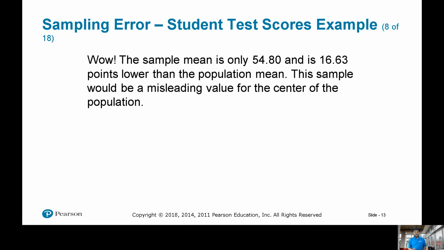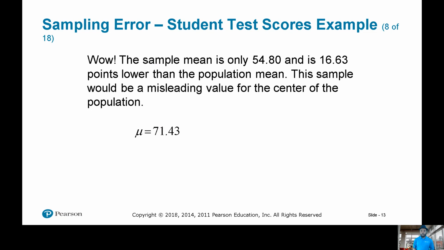The sample mean is 16.63 points lower than the population mean. This sample would be a misleading value for the center of the population. So we can't just randomly draw 5 samples, find the mean and say that's the mean of the population. There's more that we have to do in order to come to the right conclusion.